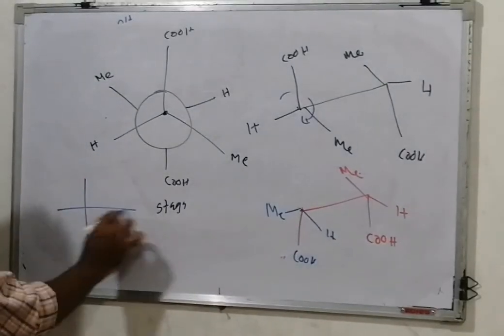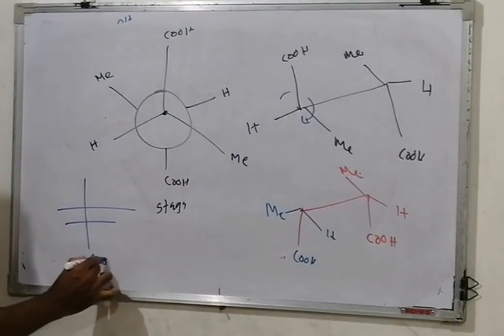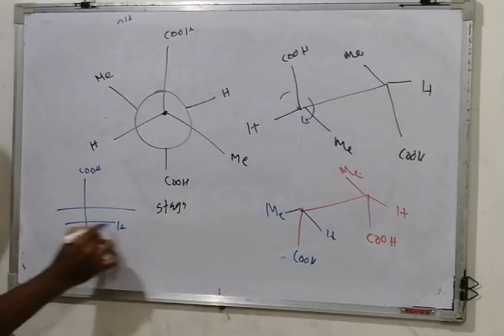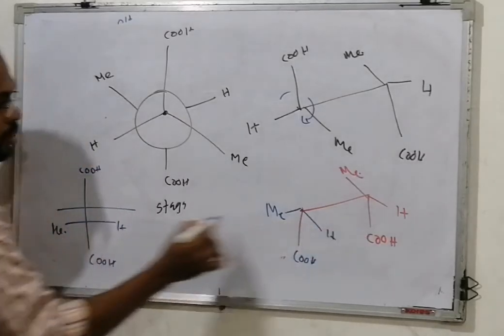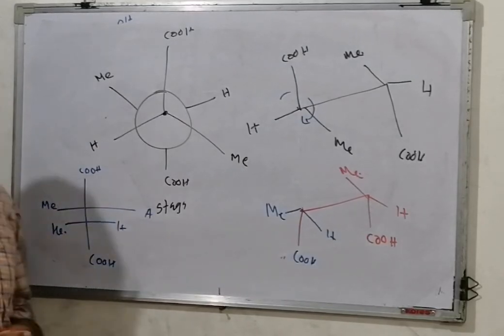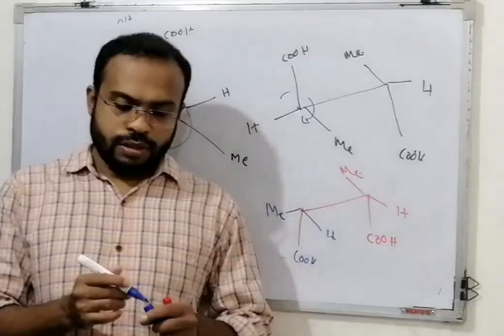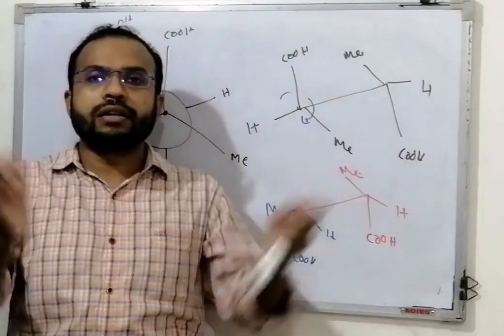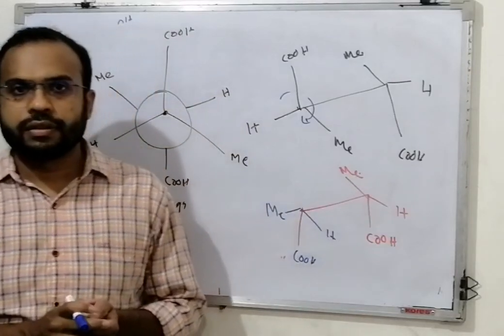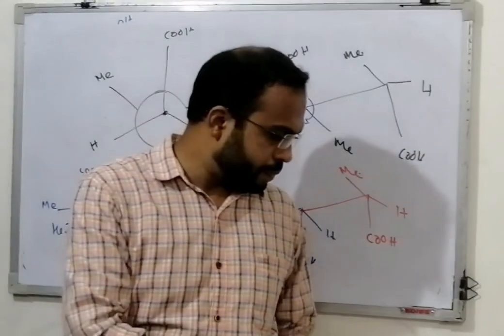Now what is our Fischer projection? COOH, COOH. Suppose this COOH is this, H, Me, H, Me. Fine. Simple, very simple. Therefore, this is the first part of the topic. Any doubts? Don't worry, let us discuss it. Fine. Thank you.